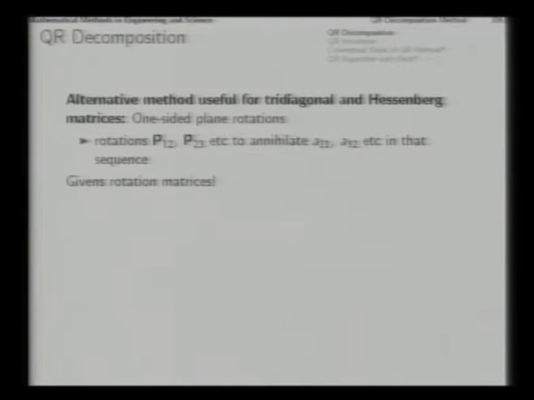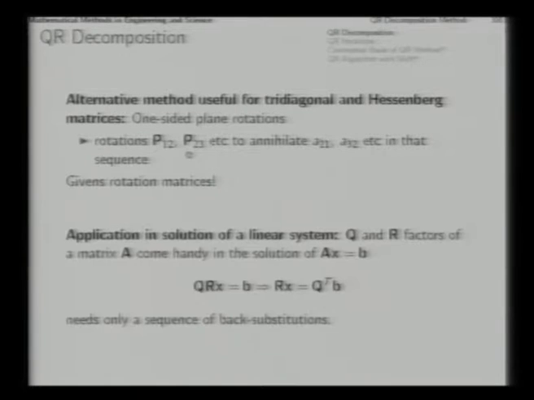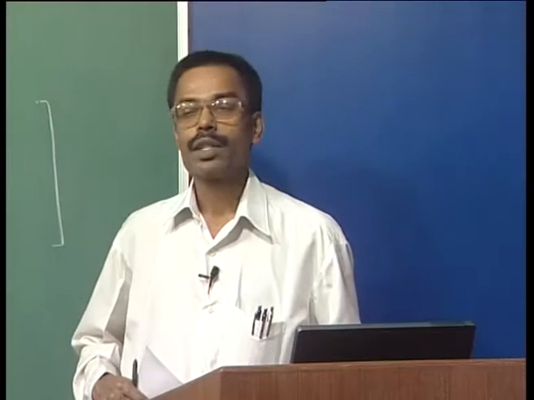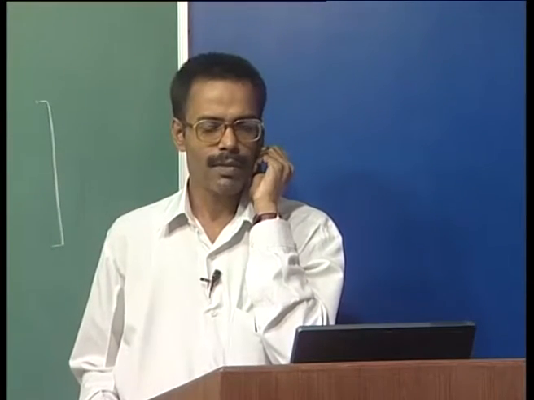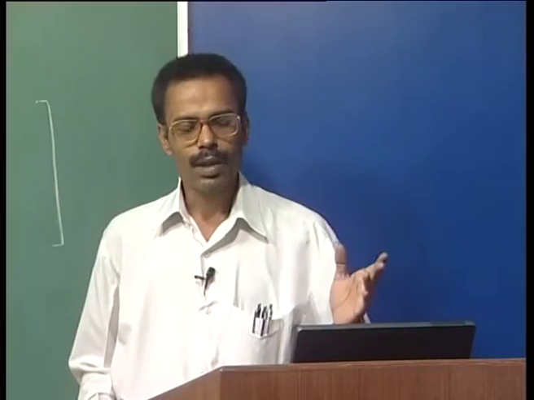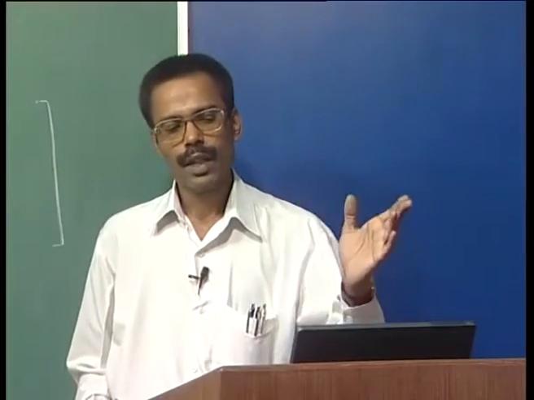There is one more based on the Givens rotations through one sided plane rotations. Now, before going into the application of QR decomposition in eigenvalue problems, let us have a quick look at a side issue.